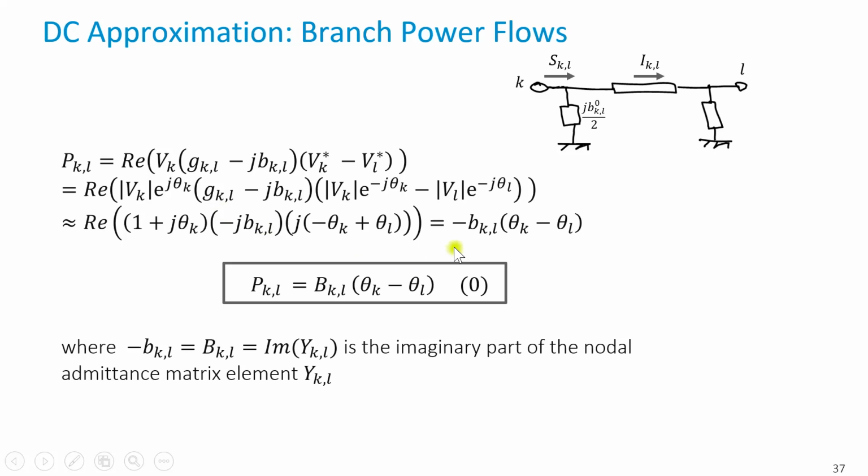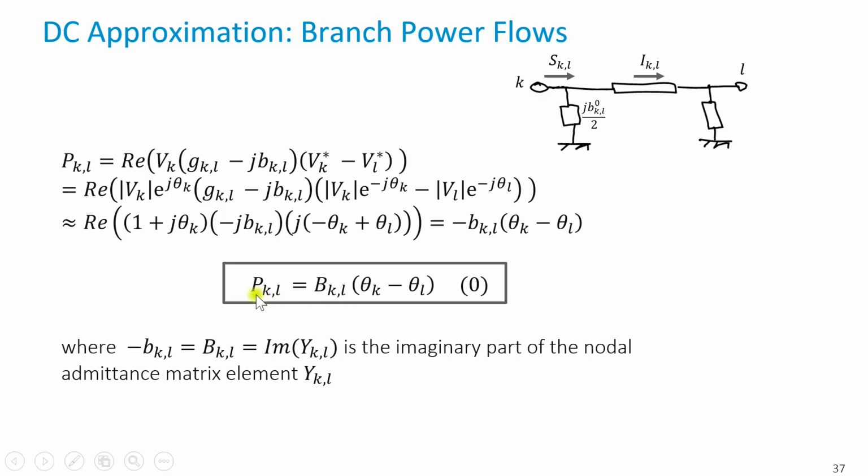So we obtain this expression, minus B_KL times the angle difference, where minus B_KL is the imaginary part of the nodal admittance matrix element that we find at position KL, typically called capital B_KL, which is typically positive, not always, it depends on the grid, but in many grids it is.